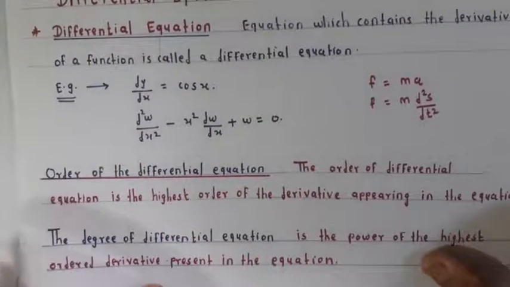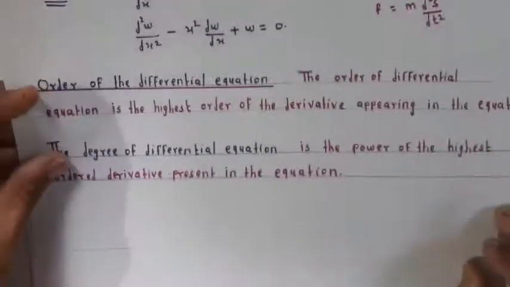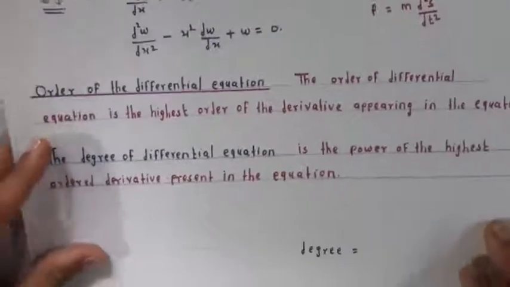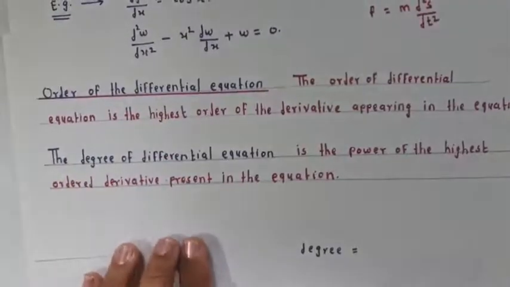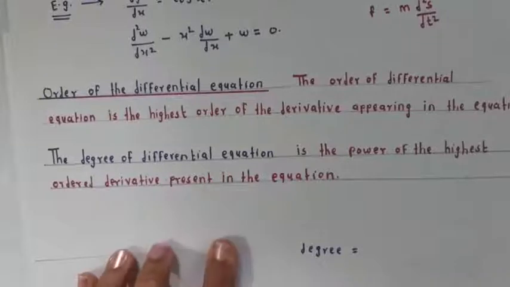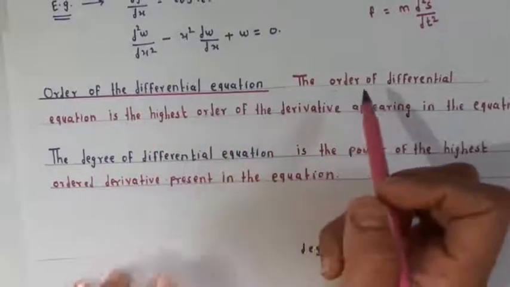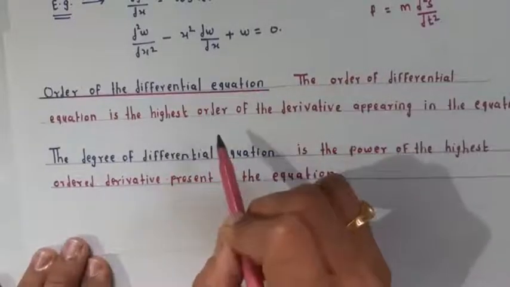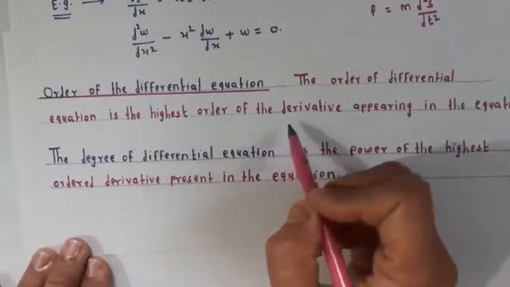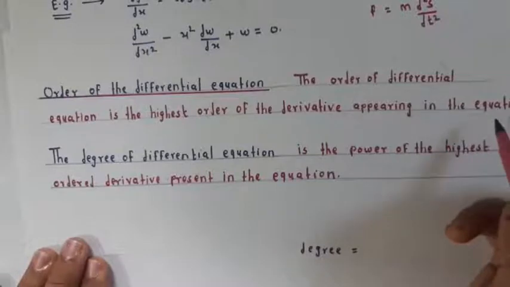Now in differential equations we have to study the formation of differential equations. To find the solution of a differential equation, before going to that, we must know the order and degree of a differential equation. The order of a differential equation is the highest order of derivative appearing in the equation.